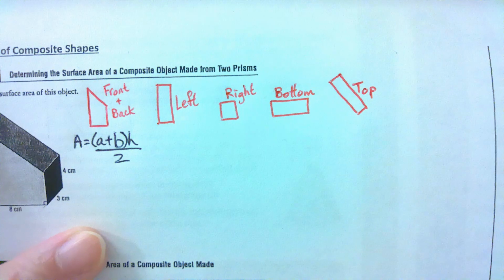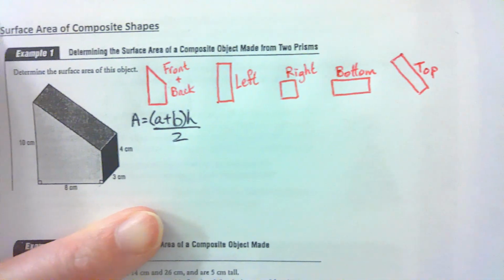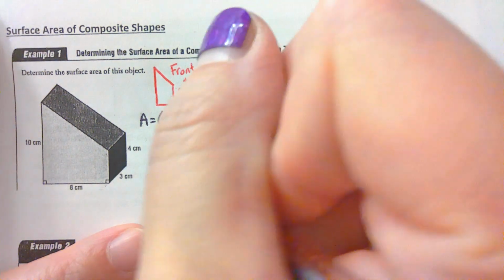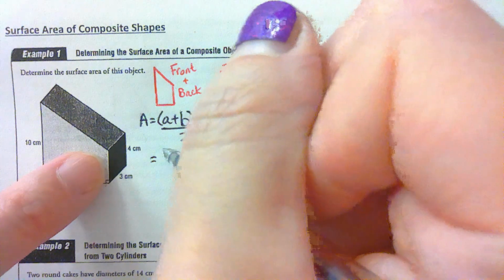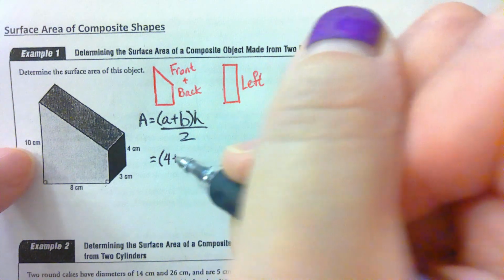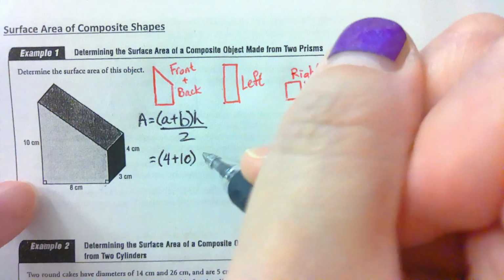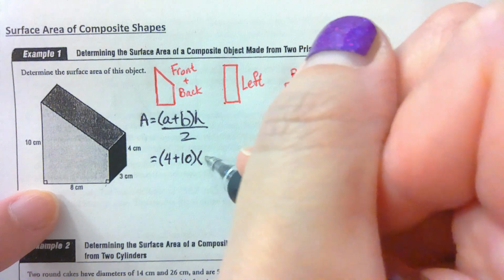The formula for trapezoid is A plus B times height divided by 2. Okay, so A is 4, B is 10, and the height of the trapezoid is 8.